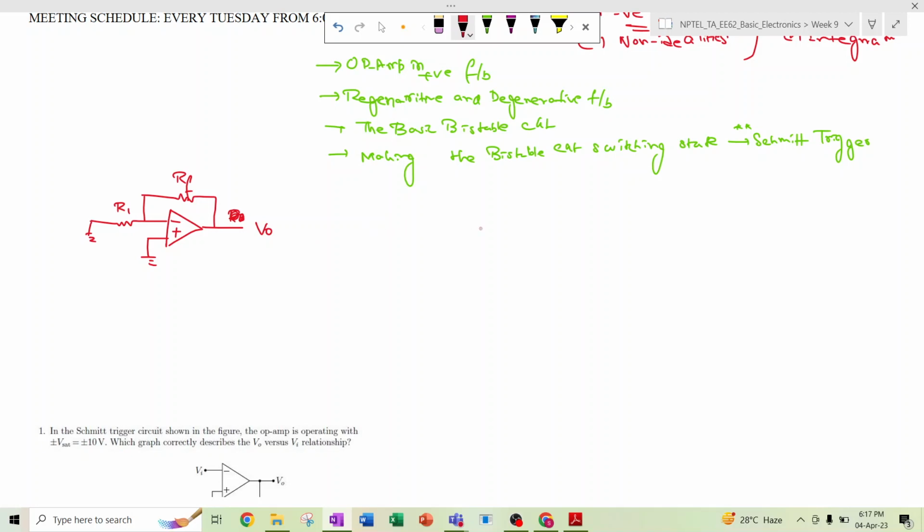This can be plus, now this is minus, so this goes to ground. This is the basic R1, it is also ground. This is the VO output, this is RL.